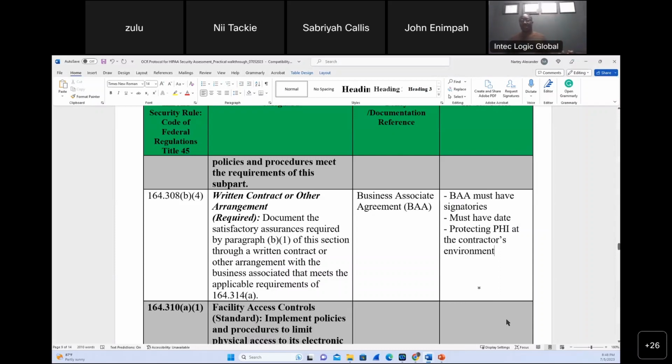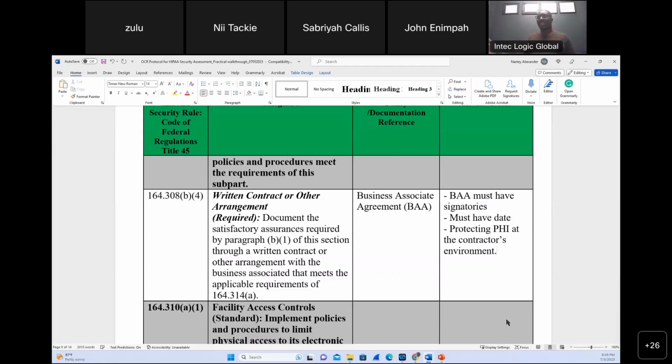So somebody from your company should sign, and the vendor side should also sign. So a BA must have signatories, they must have dates. Then also, protecting PHI at the contractor's environment is very, very important.